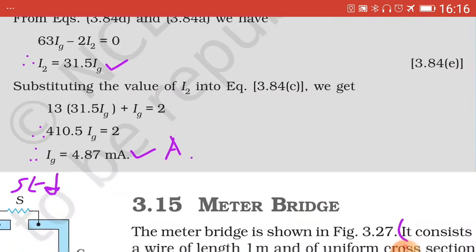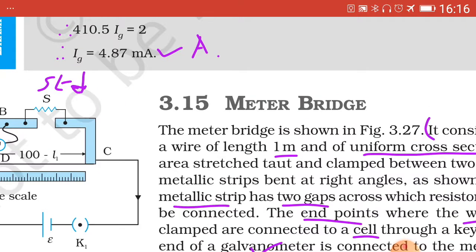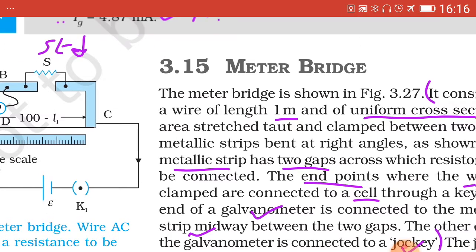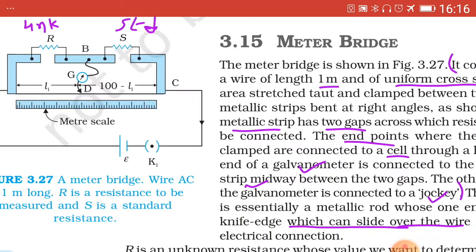Now the next topic, that is meter bridge. We first refer to the figure.